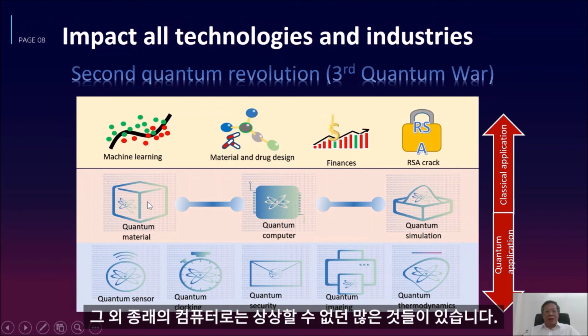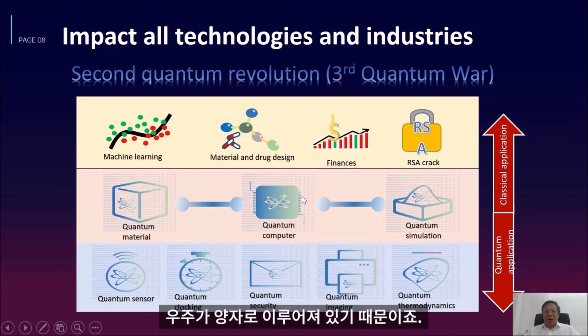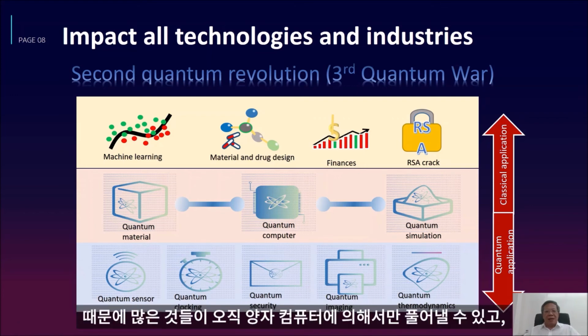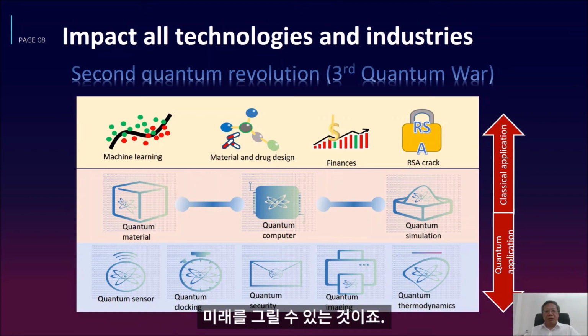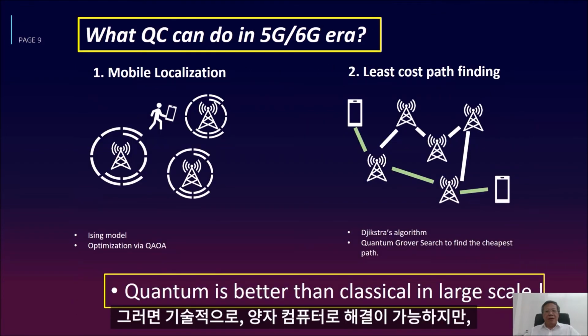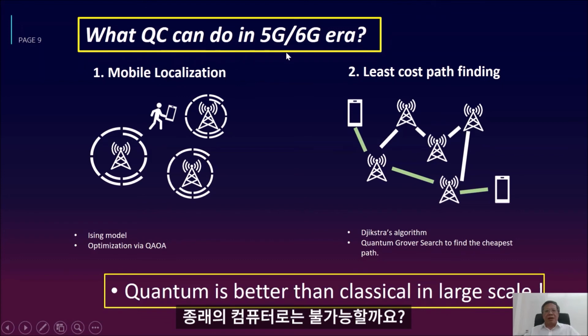And also, a lot of things can never be solved by the classical computer because the universe was built by the quantum. So a lot of things can only be solved on the quantum computer and developed in the future. Take an example of what can be solved by a quantum computer but not by a classical computer.